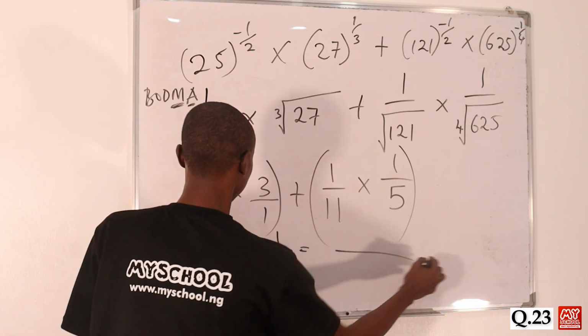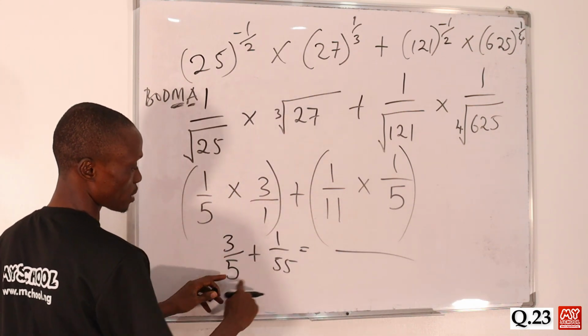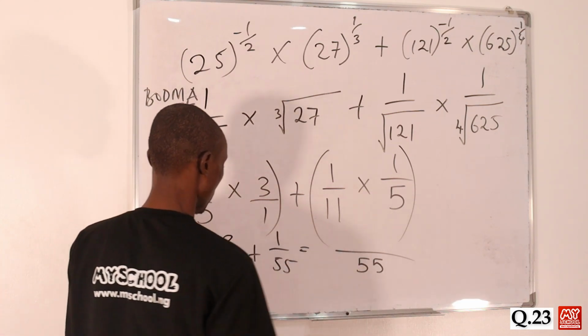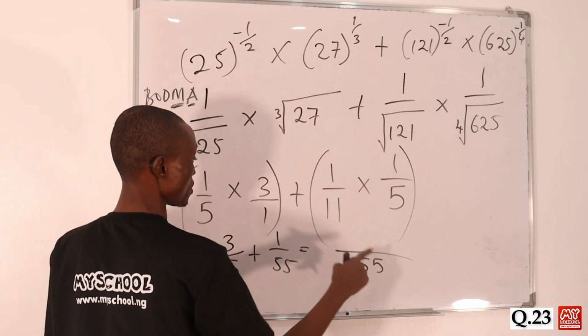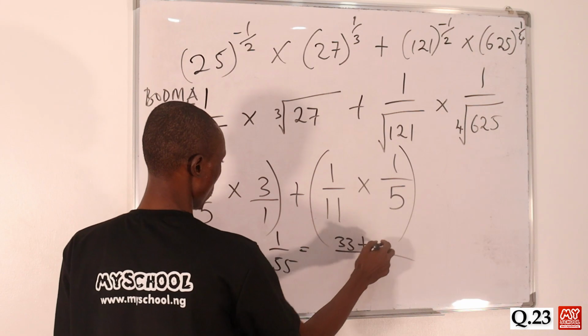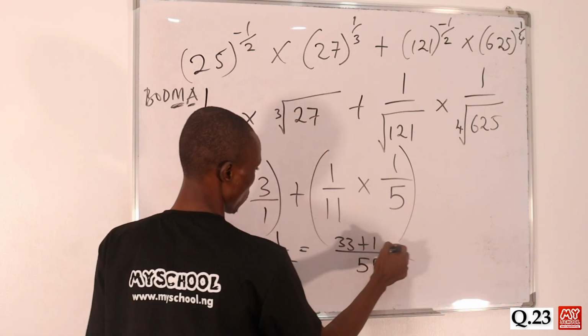So here, we now have 3 over 5 plus 1 over 55. So the LCM of 5 and 55 is 55, okay? So 5 into 55 is 11. 11 times 3 is 33, then plus 55 into 55 is 1. 1 times 1 is 1, okay?